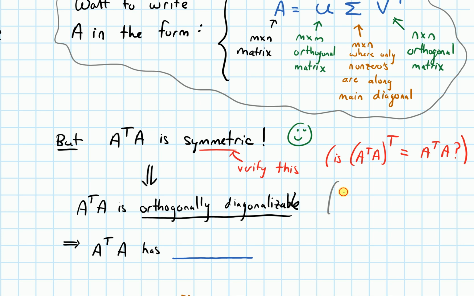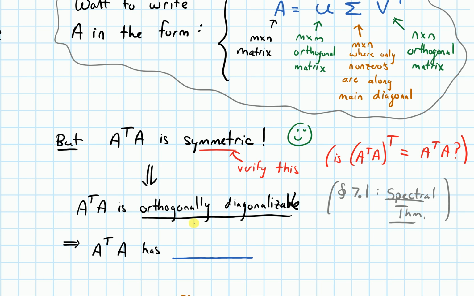We saw this in section 7.1, called the Spectral Theorem. It's not super important that we know what it was called, as long as we know this fact: if my matrix is symmetric, it is orthogonally diagonalizable.